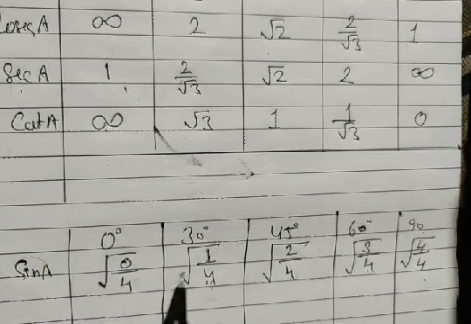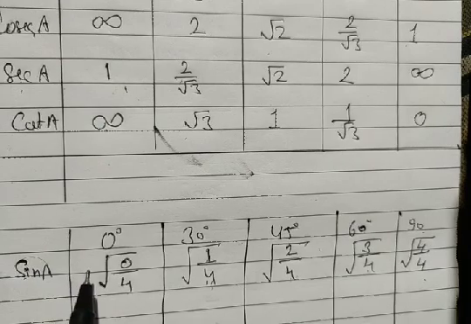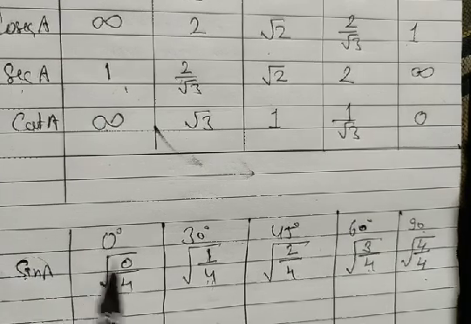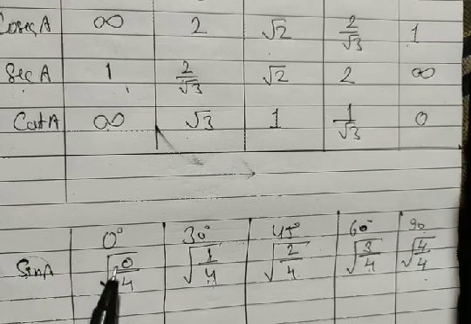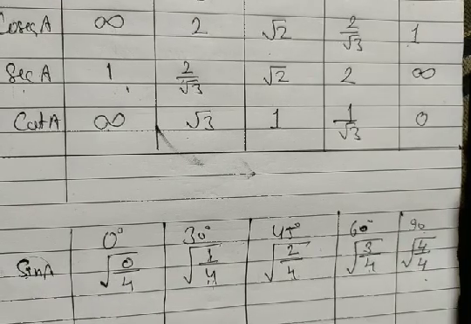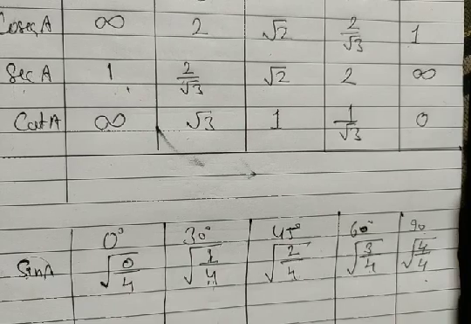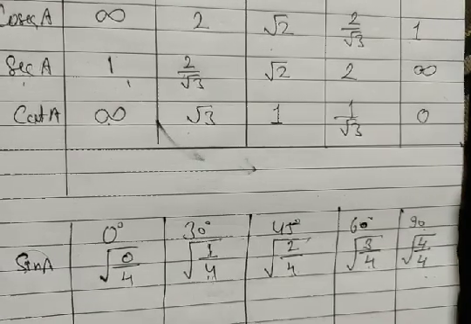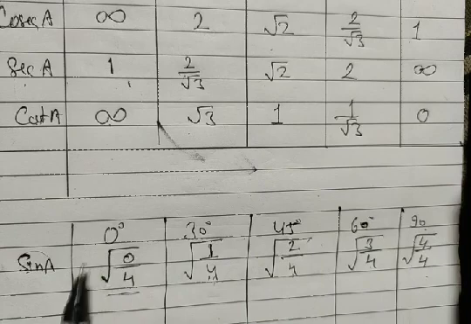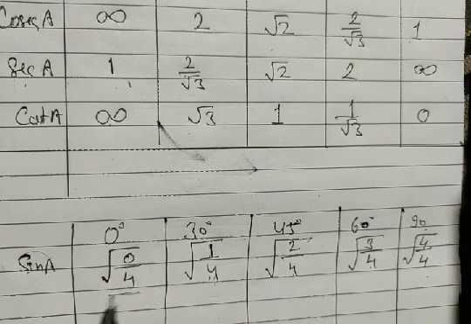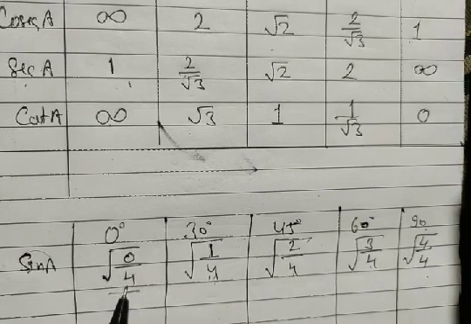Just memorize it only from the concept point of view. We are not able to find the square root of 0 there. We just memorize how to get the square root of 0. That's simple: 0 by 0 is not defined. This is what I'm explaining just to help you memorize it. It's maybe square root of 0 over 4.